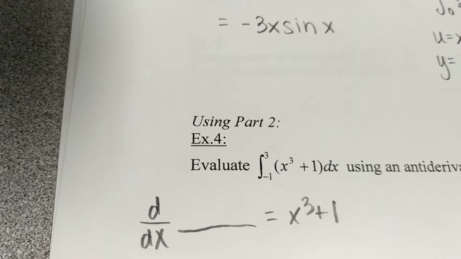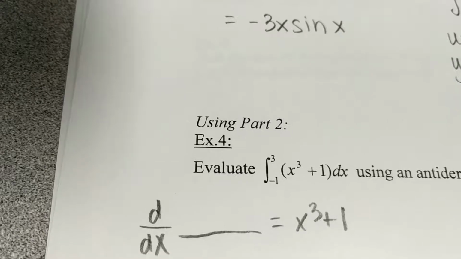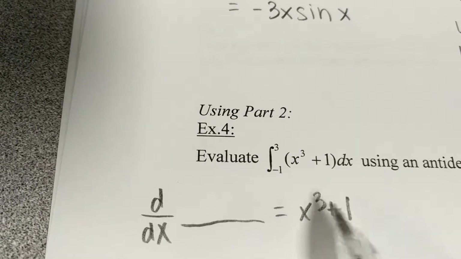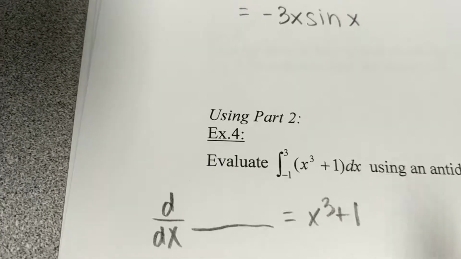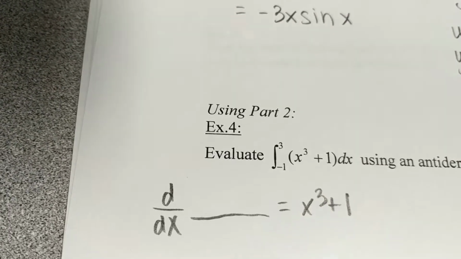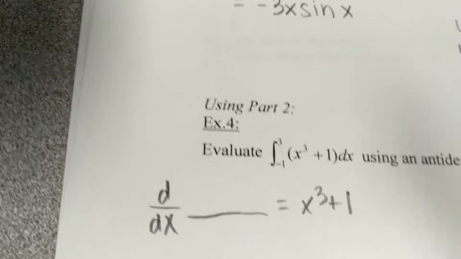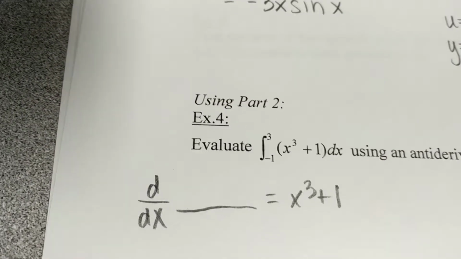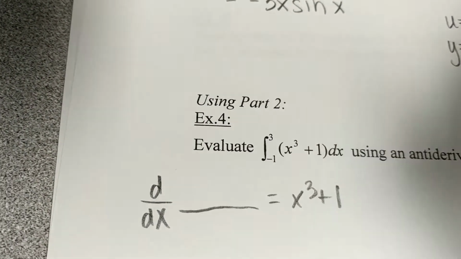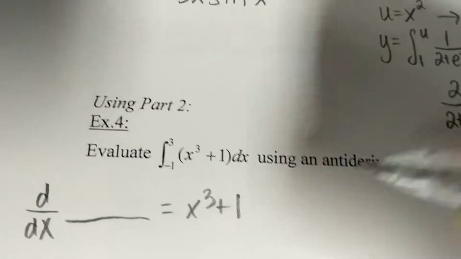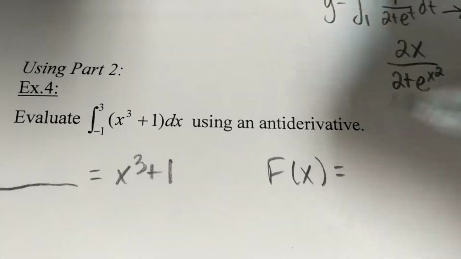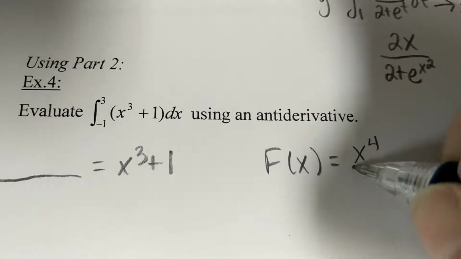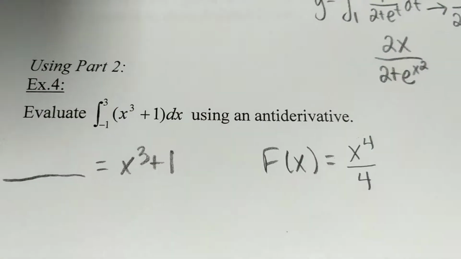So when we do the antiderivative, we have to work backwards. Instead of multiplying by the exponent and subtracting 1, now we're going to add 1 to the exponent and divide by the exponent. So to do that, our antiderivative, our capital F of x, is going to be x to the 4th divided by 4.